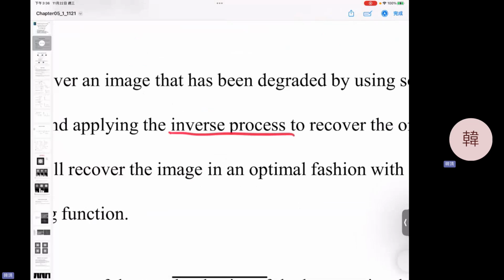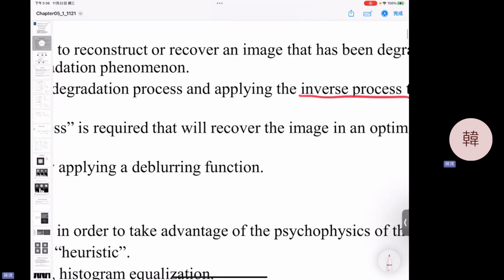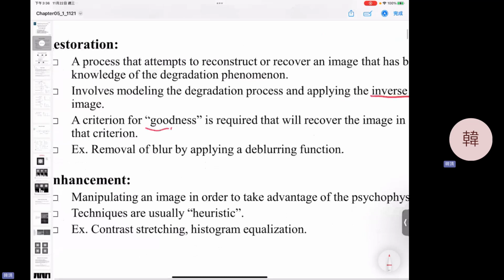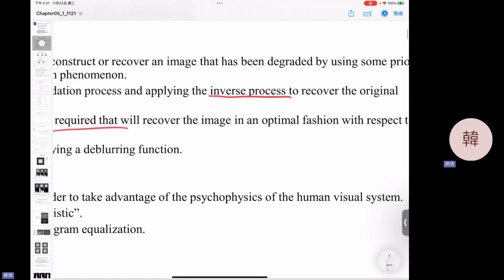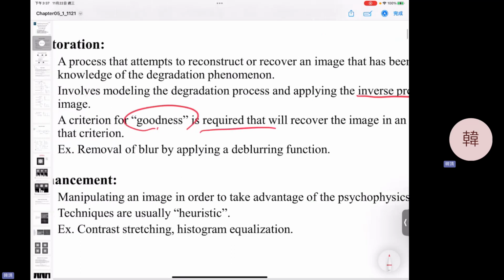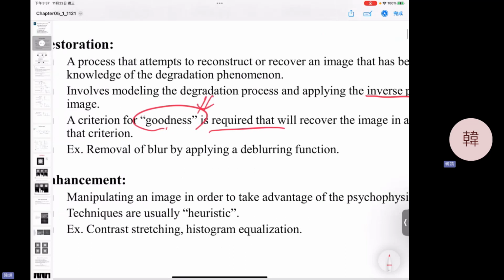Okay, so we are going to learn how to design your restoration filter, the inverse process, to recover the original image. The criterion of goodness requires that we recover the image in an optimal fashion with respect to the criterion, so we can say how good it is. There is some scientific way, some numerical value you are going to calculate.